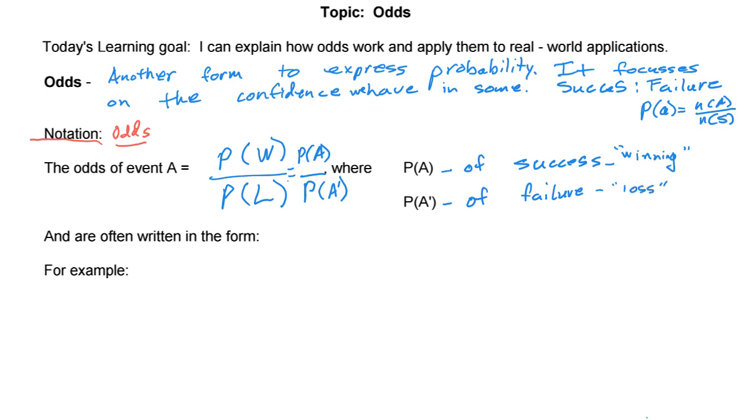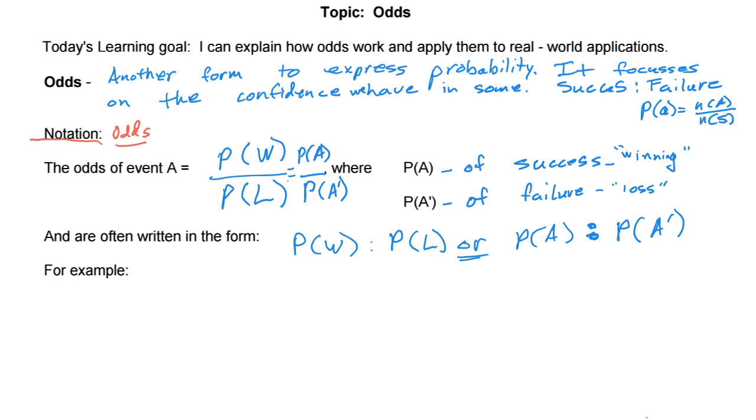Those of you that are in sports would have heard about a thing called the win-loss percentage, i.e. P of W to P of L. Or you could write it as P of whatever you're looking for to the probability of A's complement, the probability of the other stuff that you don't have.